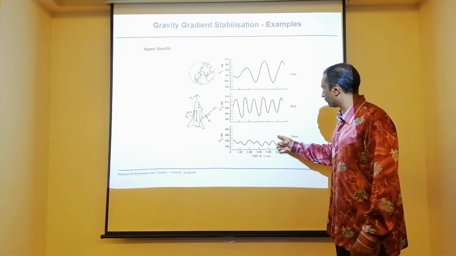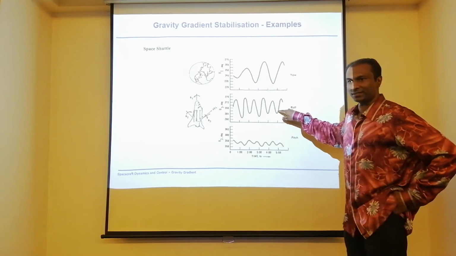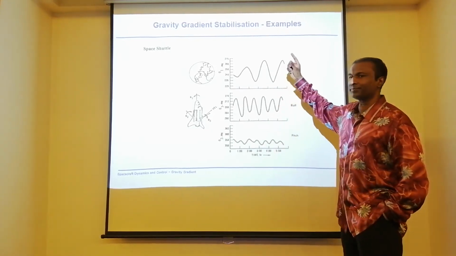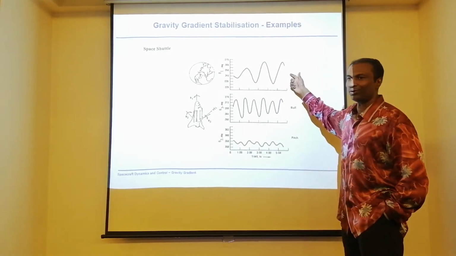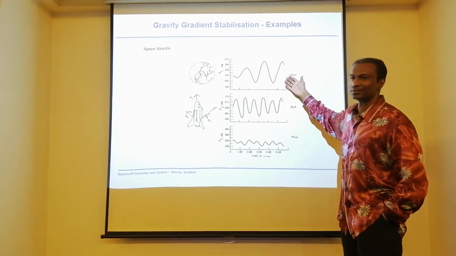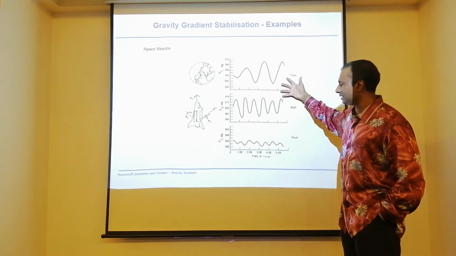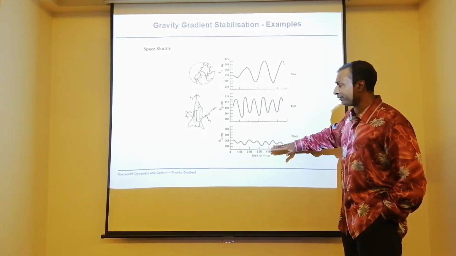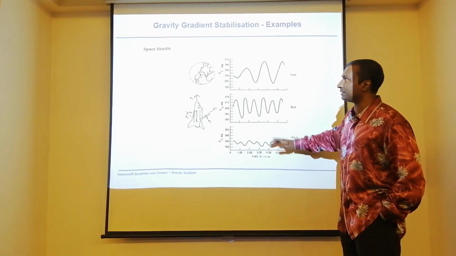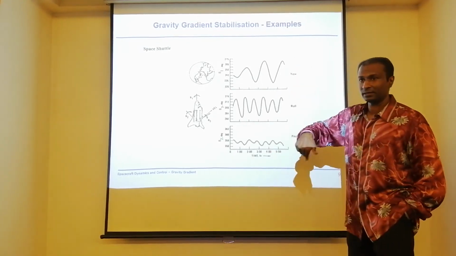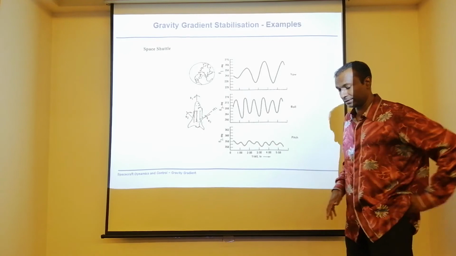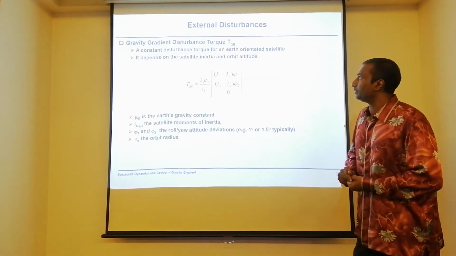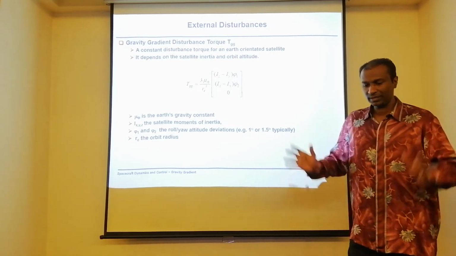So that's why it's being influenced in this way, right? But pitch is uncoupled, and don't forget, pitch has the biggest hit in terms of gravity gradient when it comes to gravity gradient stabilization. Go on.